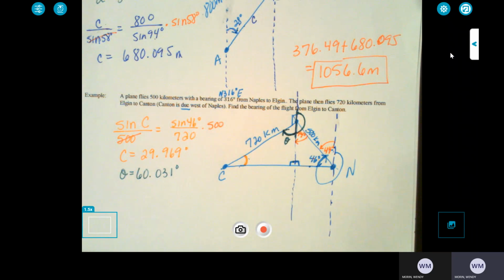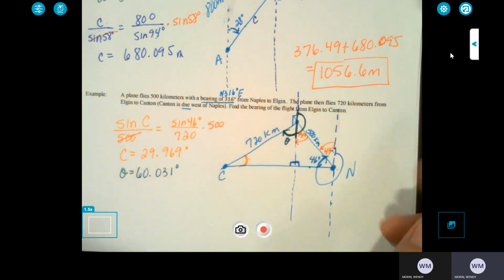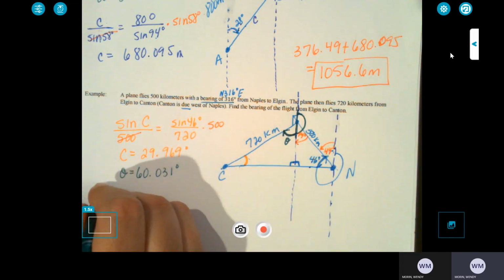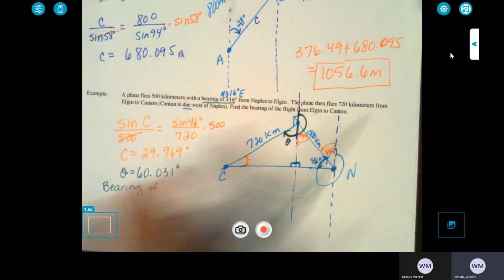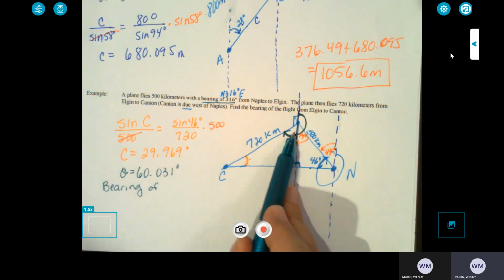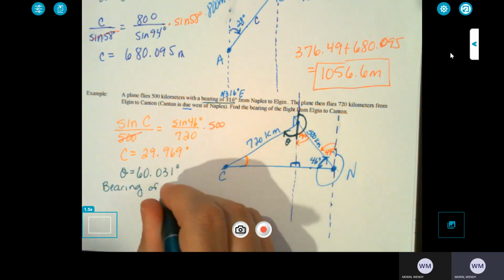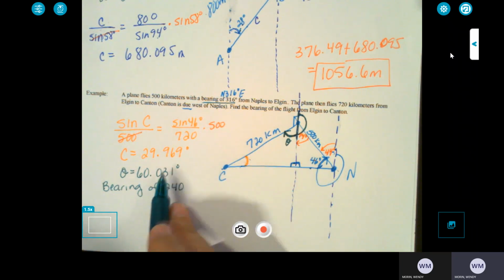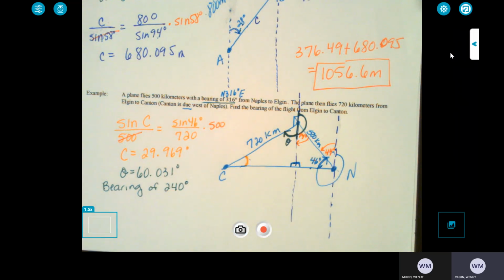Now, for a bearing, you can say a bearing lots of different ways. That's the standard bearing, when it says a bearing of, that's assumed from the north, rotating to the east. So I could say that I'm going to travel on a bearing of 180 plus the 60 degrees, which is a total of 240.0 degrees.